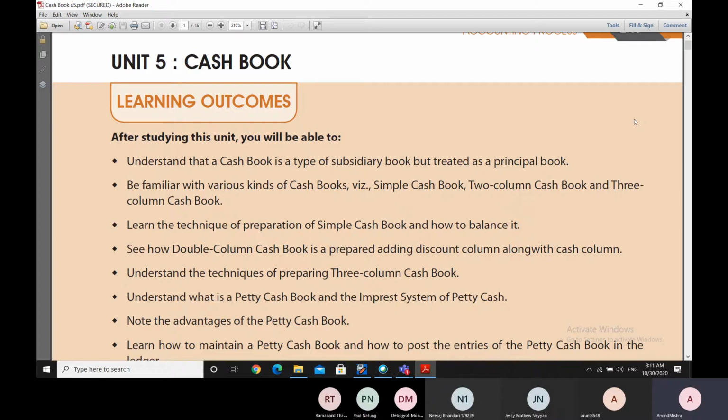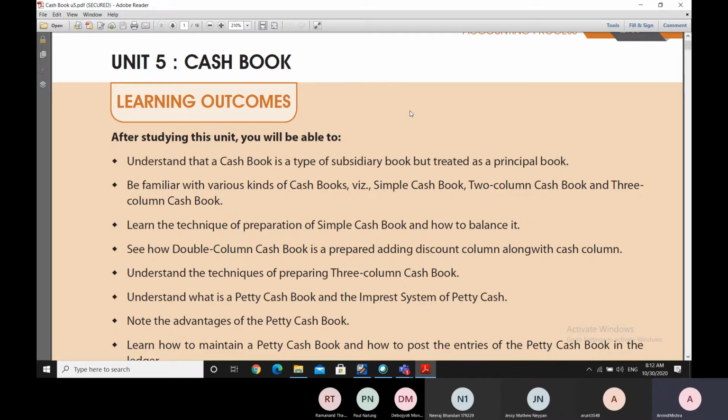And in this webinar, we'll be discussing cash books as part of our bookkeeping and accountancy sessions. Friends, in this unit, you'll be studying how the cash book, though it is a type of a subsidiary book, is treated as a principal book.